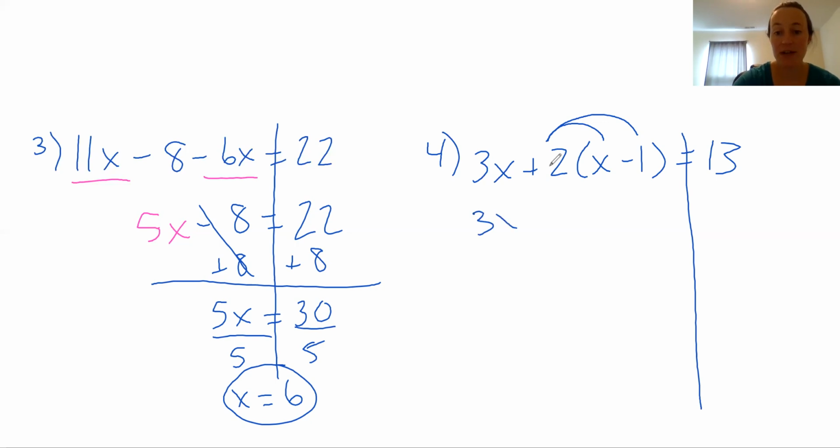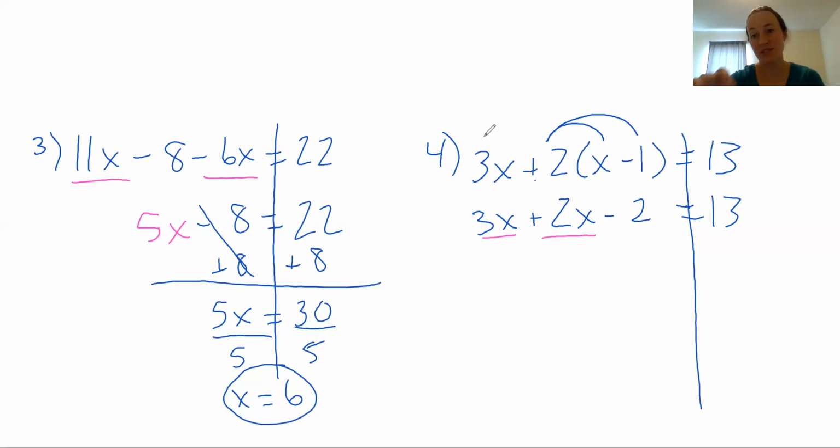I still have 3x. Positive 2 times x is going to be positive 2x. Positive 2 times negative 1 is negative 2. That's going to be equal to 13. Now the parentheses are gone. Let's go ahead and put our x's together. Okay, always get rid of those parentheses first though, guys.